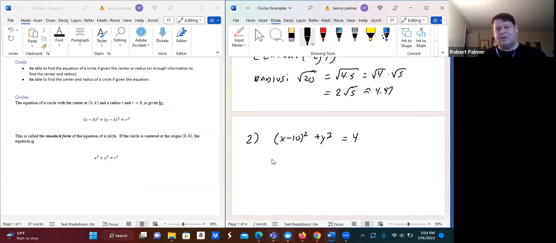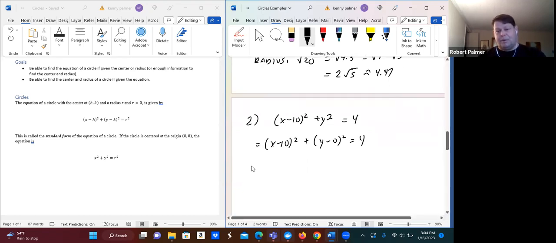The same way, let's find the center. Now, if you notice, this time there's no y plus or minus anything. So this is the same as (x − 10)² + (y − 0)² = 4, if that helps. You don't have to do that step.